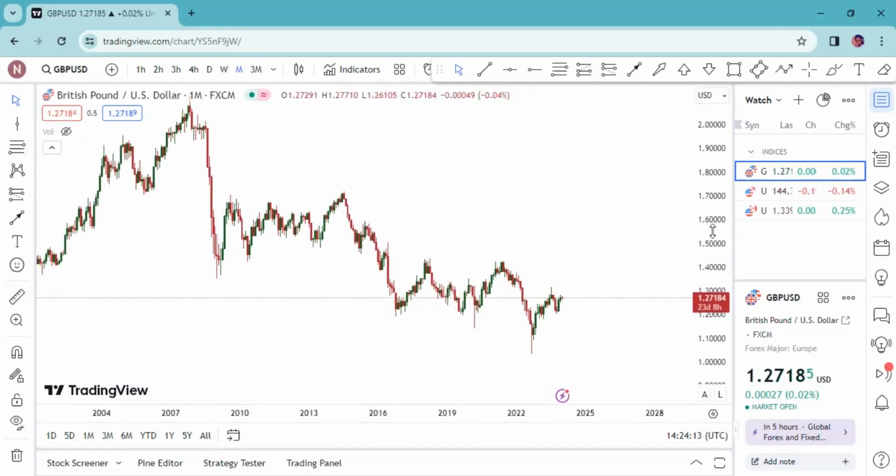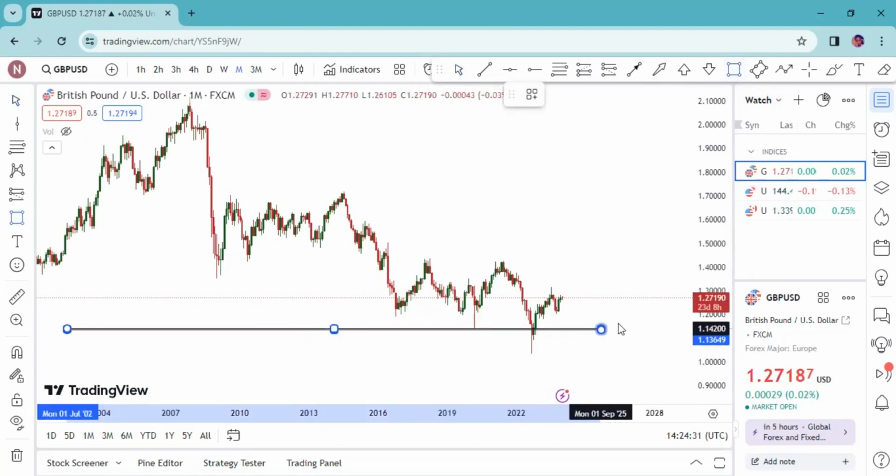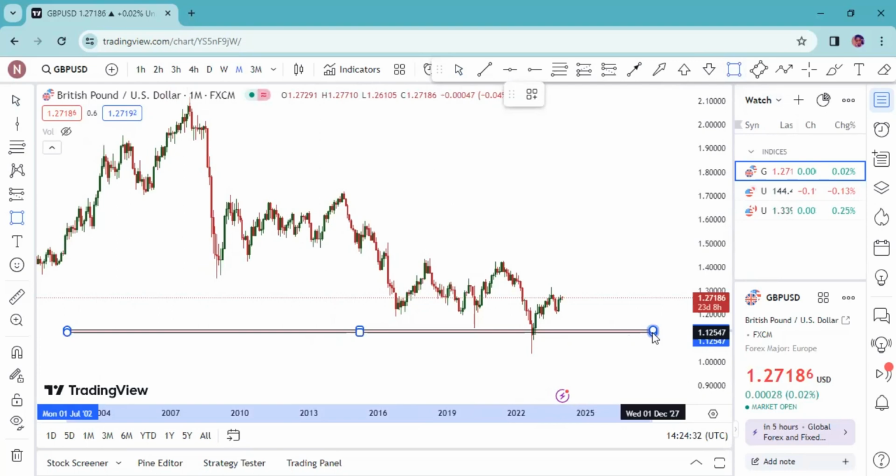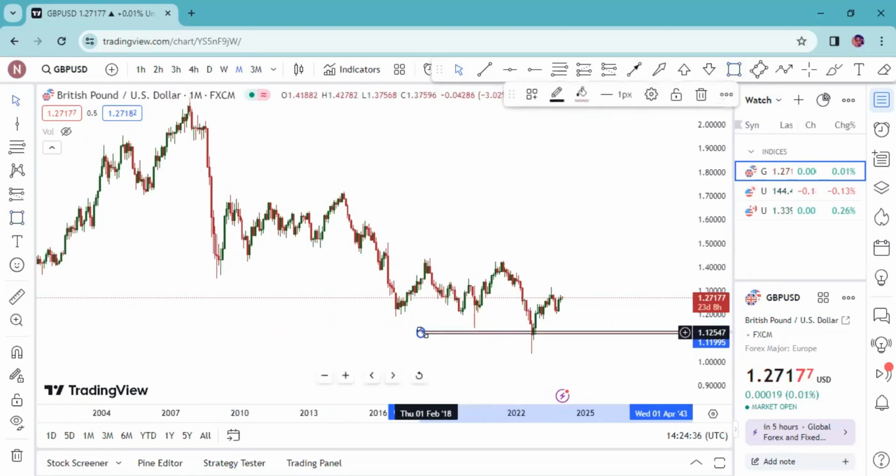From here, I'm going to teach you how I locate and draw my key levels. I already taught you in a previous video how I draw my key levels, but for now I just want to draw key levels together. This is how I put my straight line.